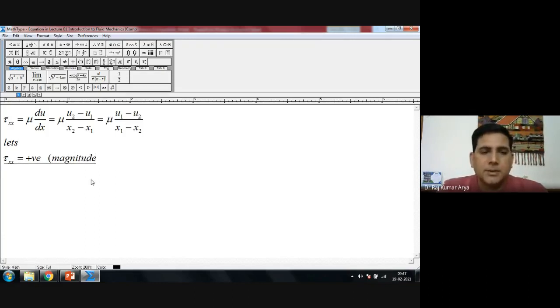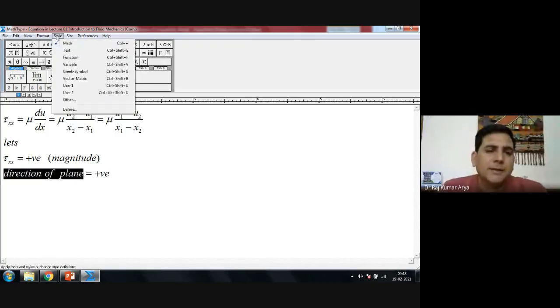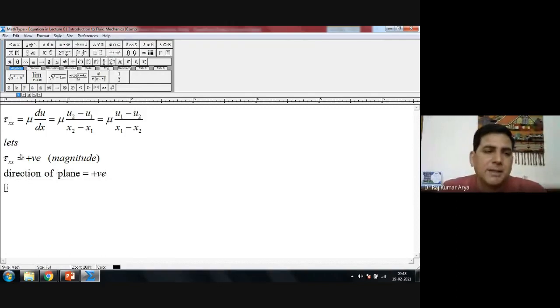If this magnitude came plus, the next part is the direction of the plane, and suppose this is also plus. If both are plus, this magnitude and direction of the plane, if both are positive, then your shear stress would act on the positive side only.